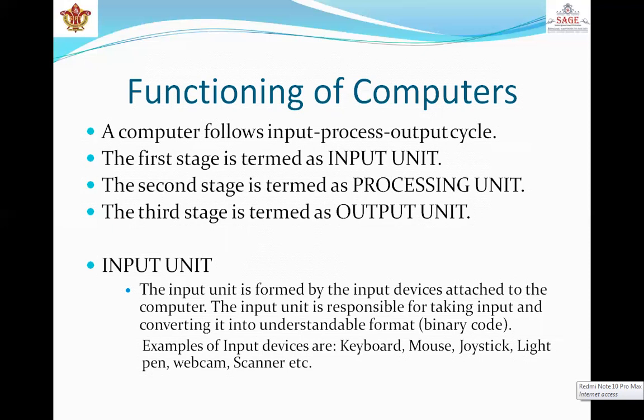Examples of input devices are keyboard, mouse, joystick, light pen, webcam, scanner, etc. An input device is a piece of computer hardware used to supply data to a data processing system, including a computer or information device, with control and data signals.